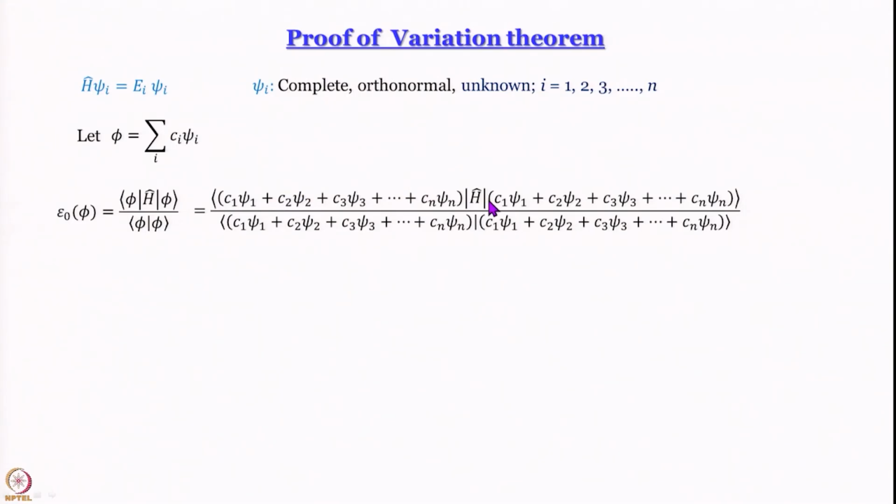Remember, a wave function or function in the bra vector is actually its complex conjugate. This left multiplies H operating on phi, which is H operating on C1 psi 1 plus C2 psi 2, same thing. In the denominator we have integral of C1 psi 1 plus C2 psi 2 etc., complex conjugate, multiplied by C1 psi 1 plus C2 psi 2 etc. Okay, integrated over all space.